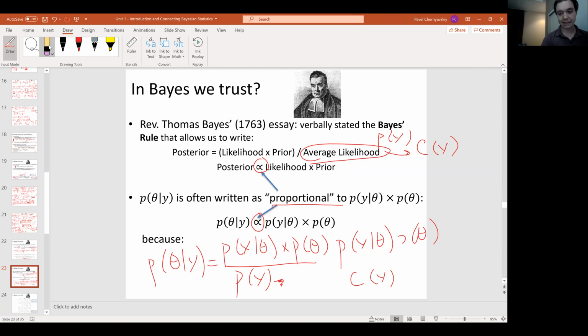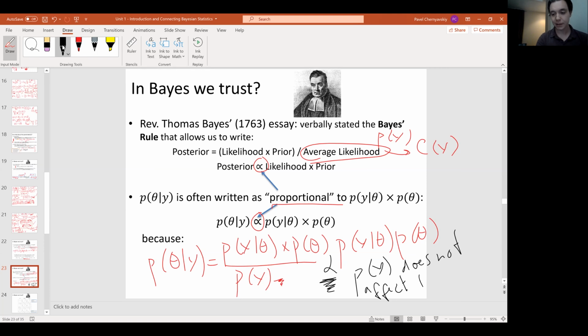You can drop the constant that is not affecting theta, and you can instead just use the proportional to sign. Okay? So the key here is that the marginal distribution does not affect the shape of the posterior.